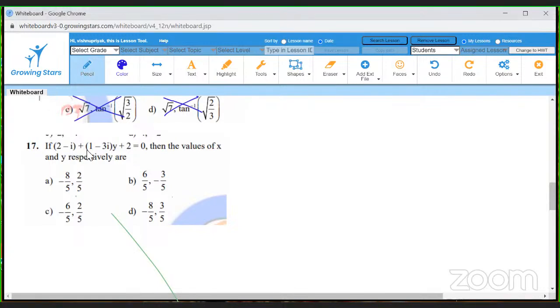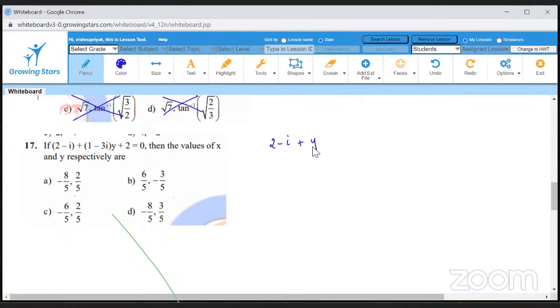2 minus i plus 1 minus 3i into y plus 2 equal to 0. x and y you have to find. So first I will write 2 minus i plus y minus 3iy plus 2 equal to, on the other side, 0 plus 0i. Varshita, don't write anything on the board.